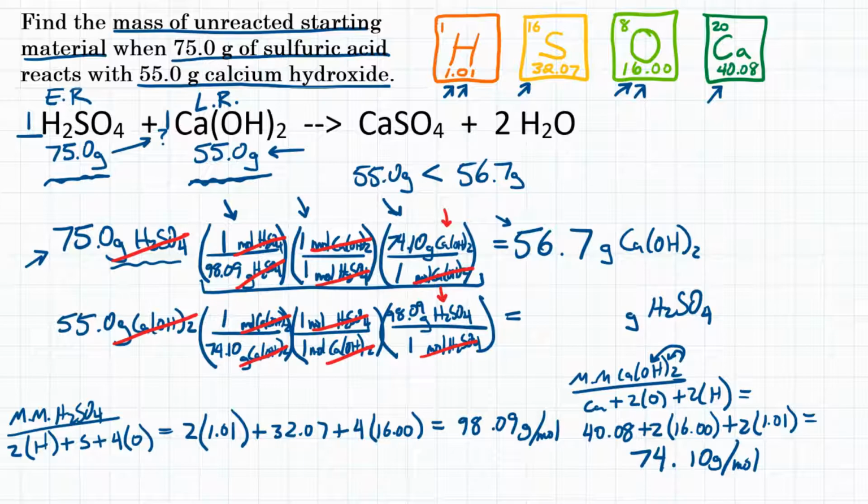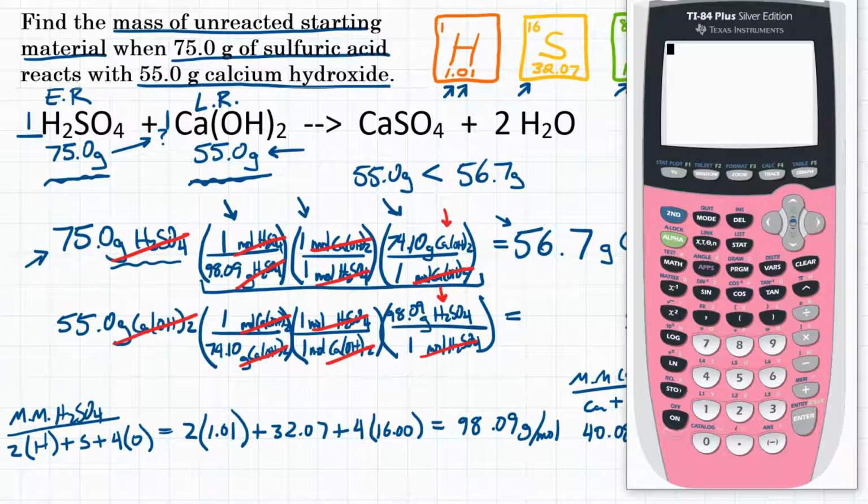So we can plug this in our calculator now. We're going to start with 55.0 and then divide by 74.1 and multiply by 98.09. Hit equals, and our calculator says 72.80 and some change.